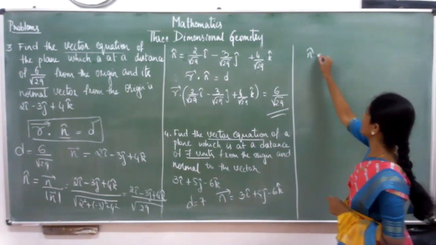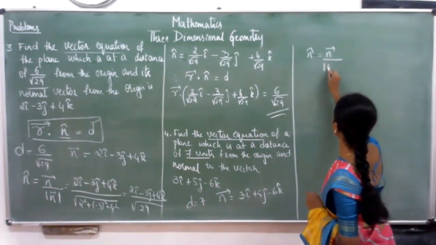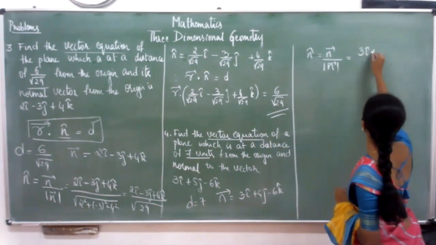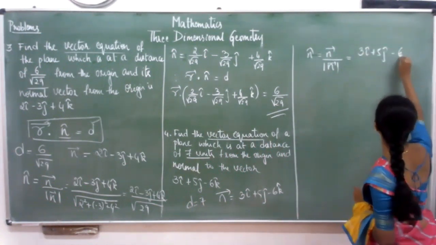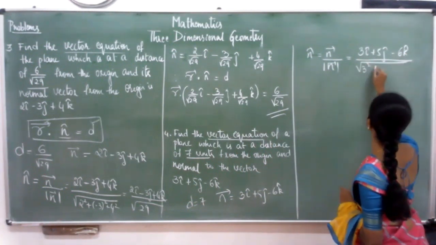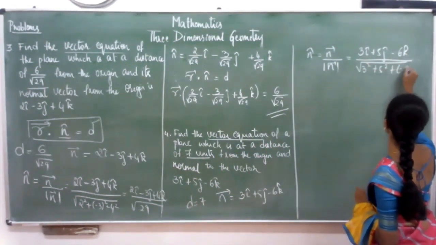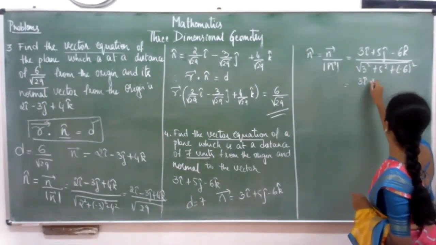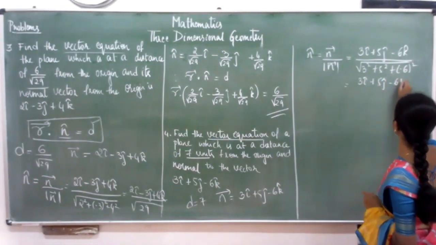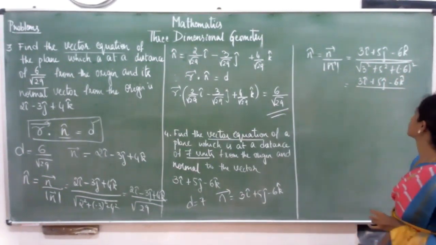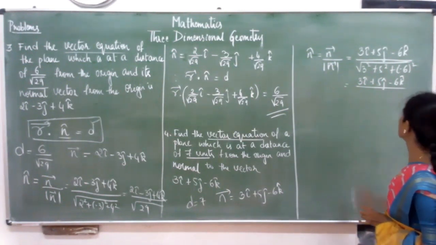We need to find n cap. So n cap is vector n divided by magnitude of vector n, which is equal to 3i cap plus 5j cap minus 6k cap, whole divided by root of 3 square plus 5 square plus minus 6 the whole square, which is equal to 3i cap plus 5j cap minus 6k cap divided by root of 3 square 9, 5 square 25, then 6 square 36.